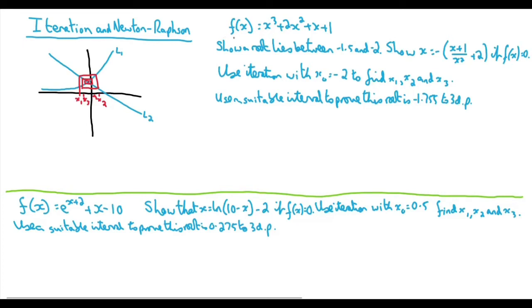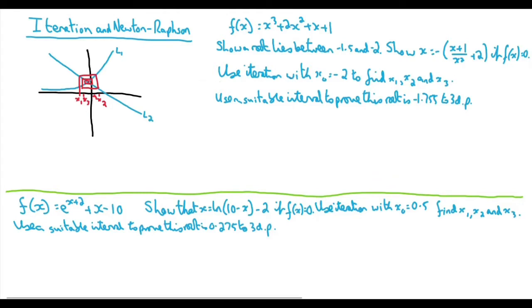If, say, we had this function that's x cubed plus 2x squared plus x plus 1, we would first of all want to show that a root lies between minus 1.5 and minus 2. Then we'll show that x equals minus x plus 1 over x squared plus 2 if f of x equals 0.